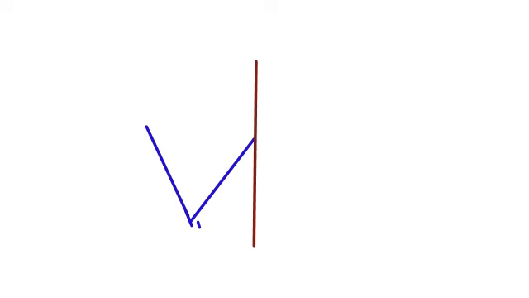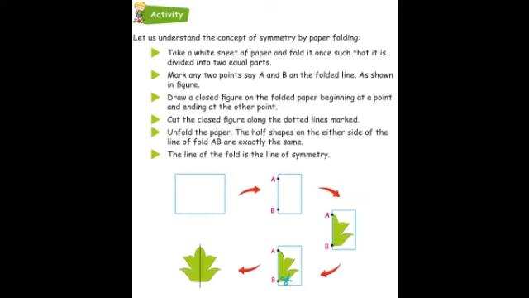Exactly, we follow the mirror image. Now the second one is like a V. I draw the opposite side also as a mirror image. Now what will I get? It's a letter W. Likewise you have to do the remaining sums, my dear students.